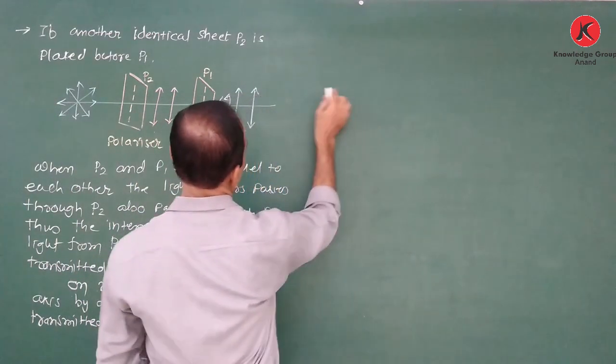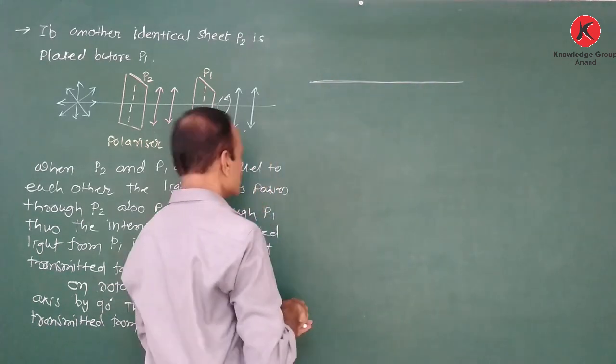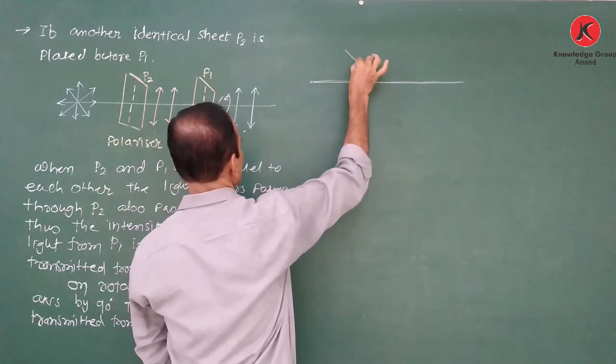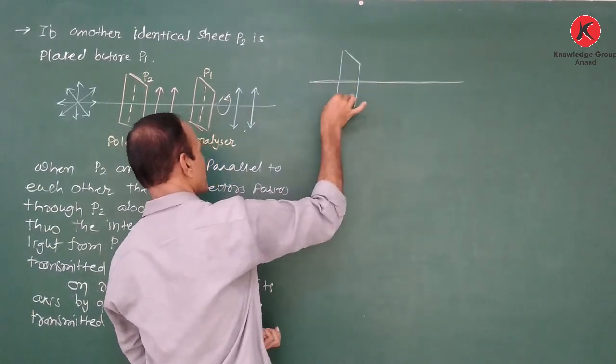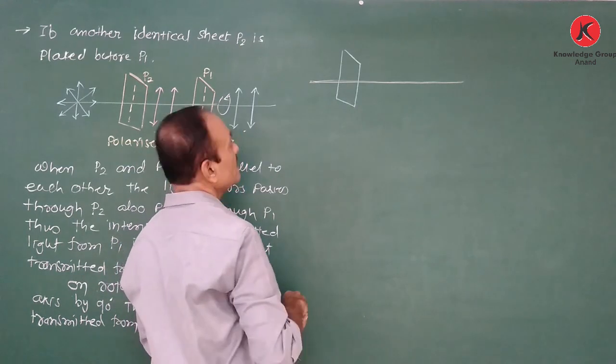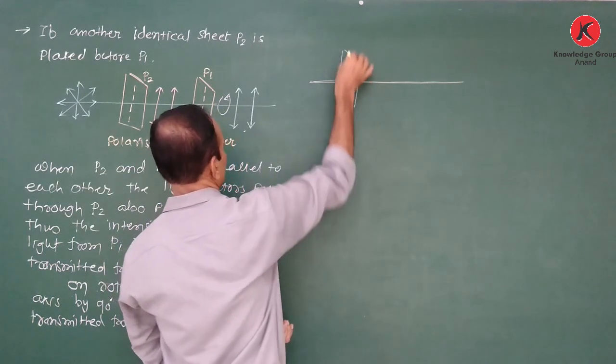That means here we do the diagram. There is the axis. Here P2 is kept as it is, but P1 is perpendicular to P2. That is P2.